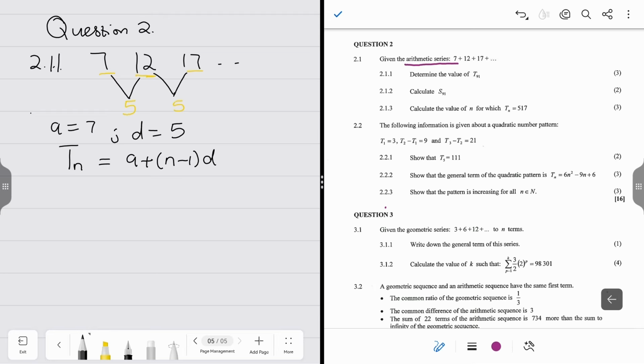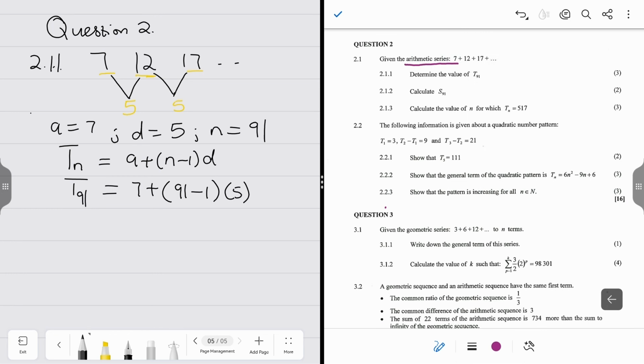What are we looking for? We are looking for T91, which simply means that n is equal to 91. So when we substitute, we're going to have A as 7 plus n is 91 minus 1 multiplied by 5, which is our D.